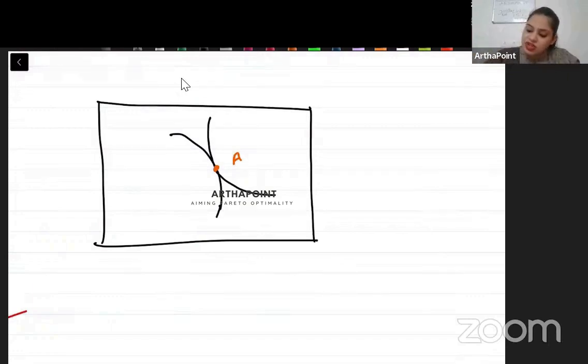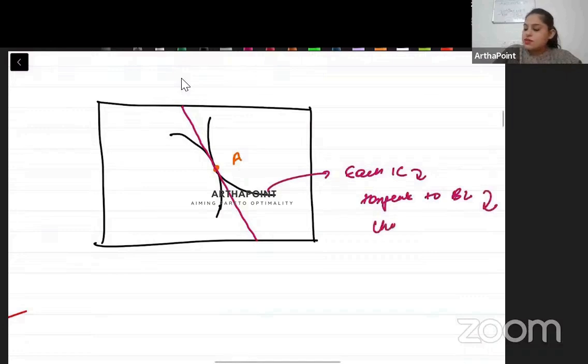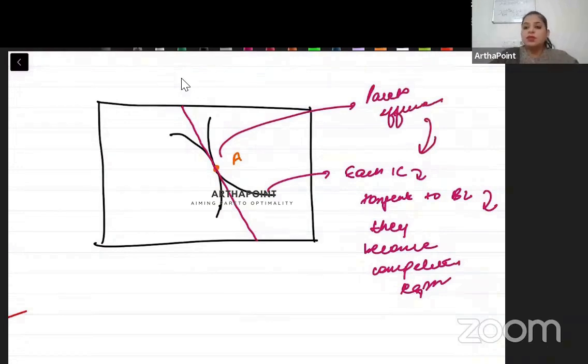If I pass my budget line exactly like this, then each indifference curve becomes tangent to the budget line, which means they become competitive equilibrium. So I started with Pareto efficiency and I was able to achieve competitive equilibrium.